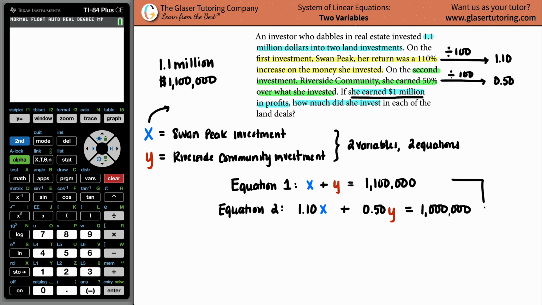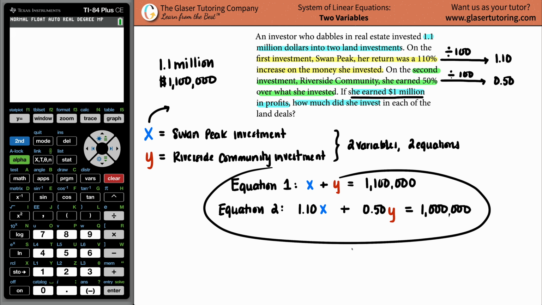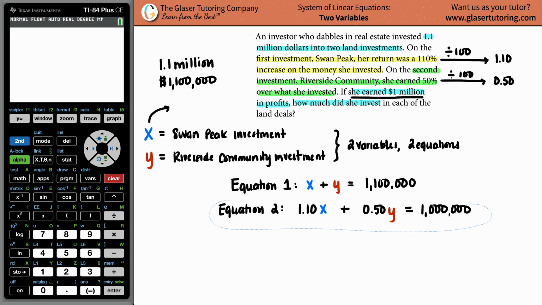In total, just to put this into perspective, because she's dabbling, she put in this much, she made this amount, so now her net worth is $2.1 million. Go her. But we have the two equations. Now, we just got to use our systems of equations.